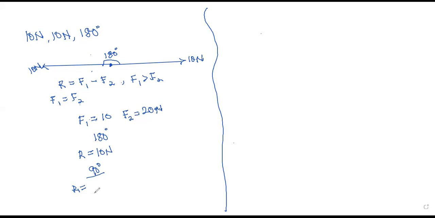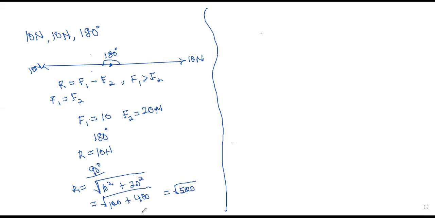Okay, let's see. So when it's 90, the resultant will be found using Pythagoras theorem. So 10 squared plus 20 squared, so we have 100 plus 400. This is equal to the square root of 500.